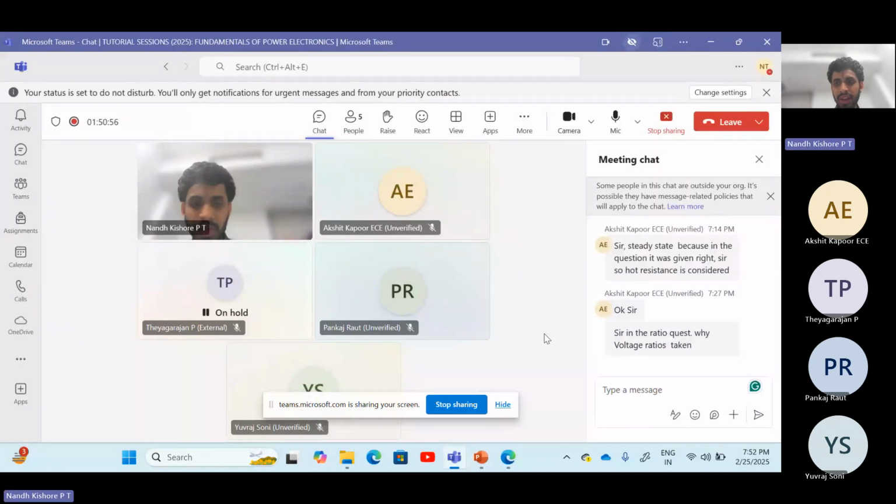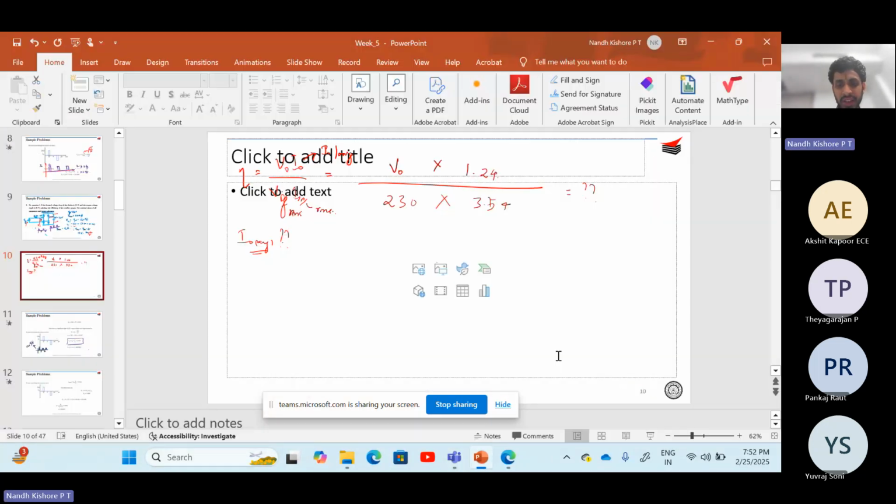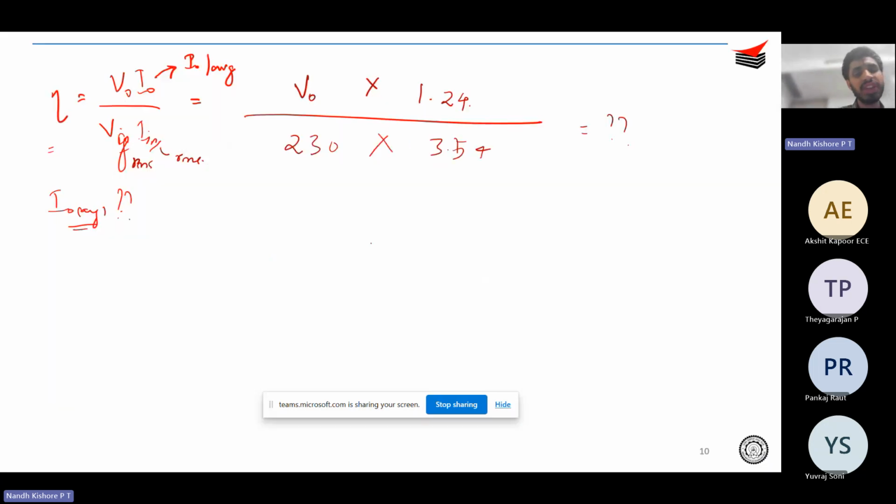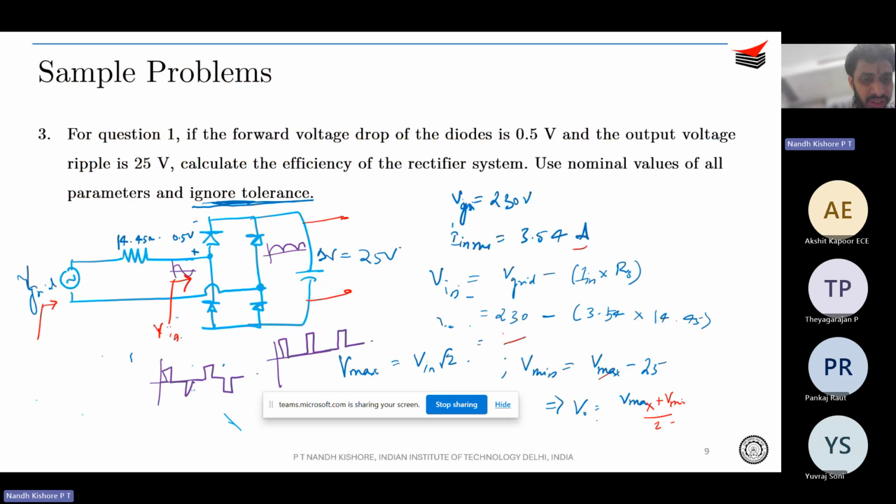If this is understood, now you can understand that in this particular efficiency expression, we have only considered the voltage drop across this resistor. But they have also told that there is voltage drop across the diodes. There are 4 diodes in total, so there would be a drop of 4 into 0.5.